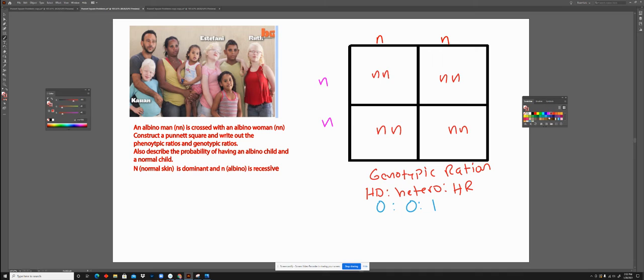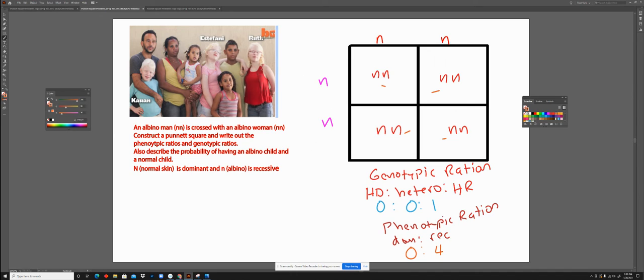Now, the phenotypic ratio is going to be dominant to recessive trait. In this case, normal skinned to albino. No normal skin. And how many albinos? 1, 2, 3, 4. 0 to 4.